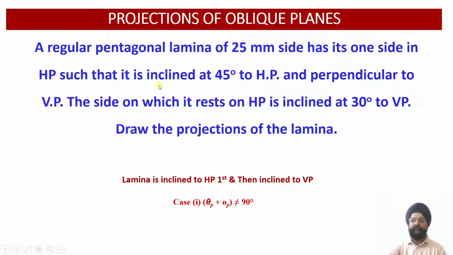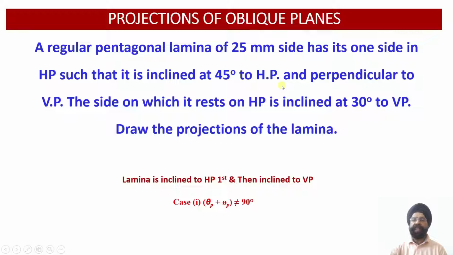We'll draw the front view of this lamina below the XY line, because we have to draw the true shape of the pentagonal lamina on the horizontal plane. The true shape will be obtained on the horizontal plane because this first inclination is with respect to the horizontal plane.